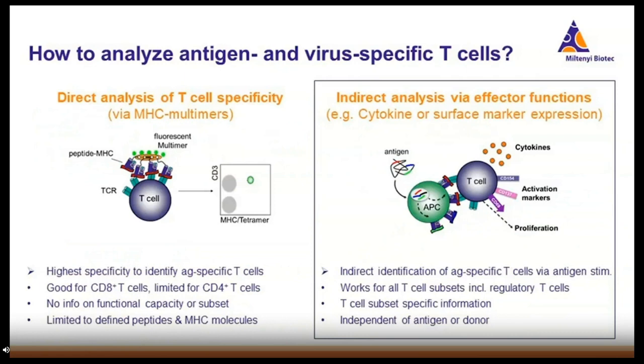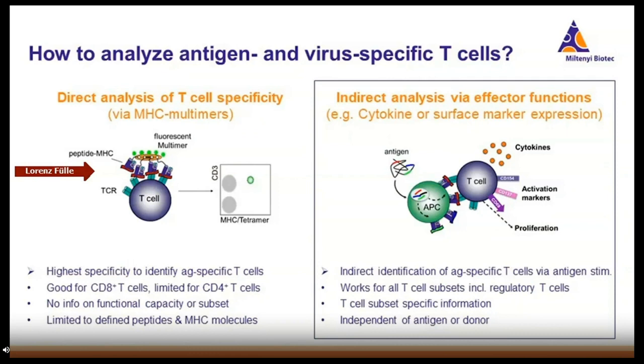So now we can have a look at how to best analyze these antigen and virus-specific T cells. Well, generally, the methods can be classified into two main categories. So first, there are the direct analysis methods where we analyze T cell specificity with MHC multimers, for example. And here, the T cell receptor is labeled with a peptide MHC multimer complex to directly identify antigen or virus-specific T cells.